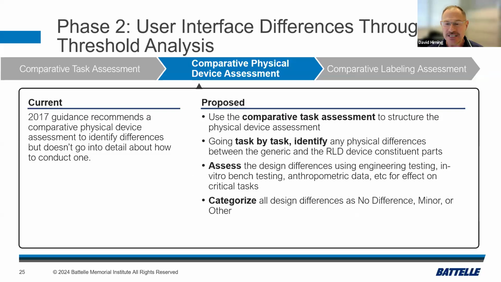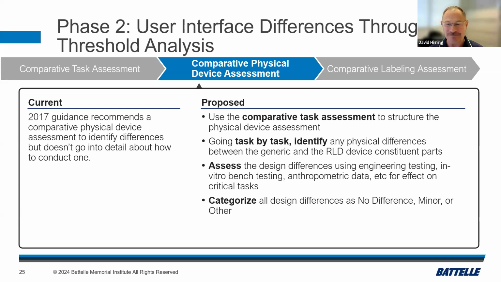The 2017 draft guidance refers to this next document as a physical comparison of the delivery constituent parts. From my perspective, the comparative physical device assessment is substantially more straightforward than the other two. It's a systematic and comprehensive assessment of the delivery device constituent parts.